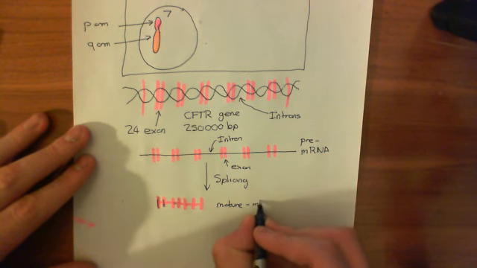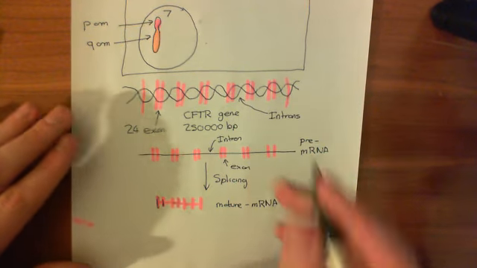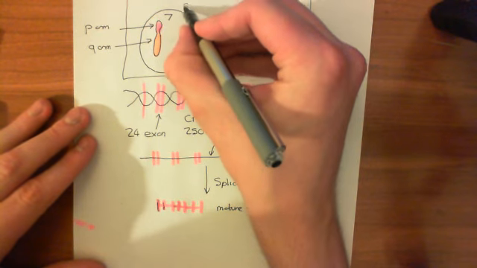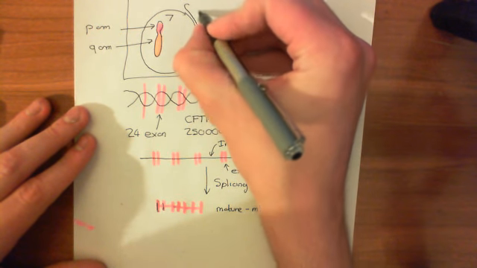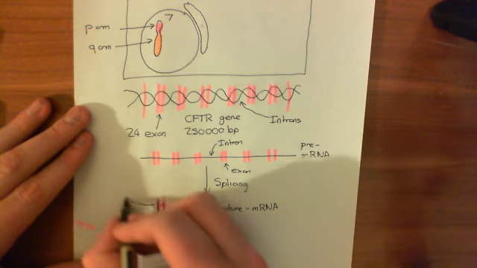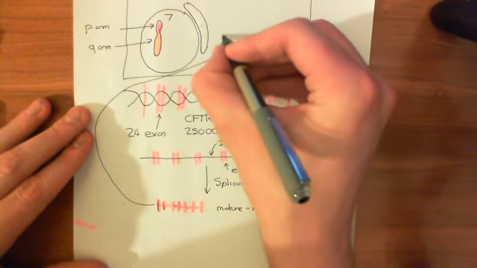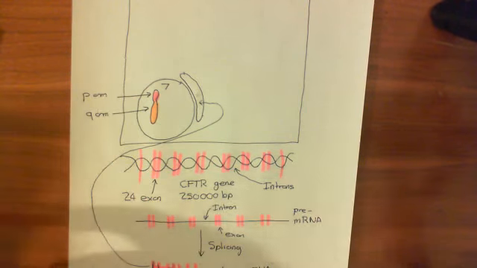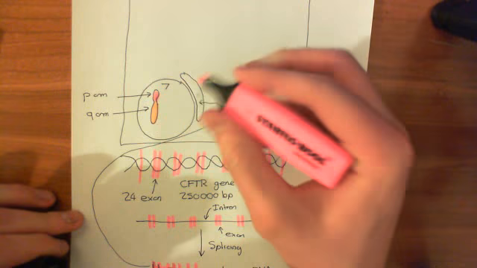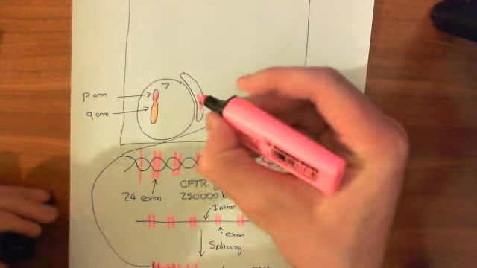This then goes on to the endoplasmic reticulum, which is a membrane-bound structure which is very closely associated with the nucleus of the cell. So this mRNA is going to go up into this endoplasmic reticulum, and it's going to be translated in this endoplasmic reticulum. So I'll draw this piece of mRNA here. So it's just a strip like that.